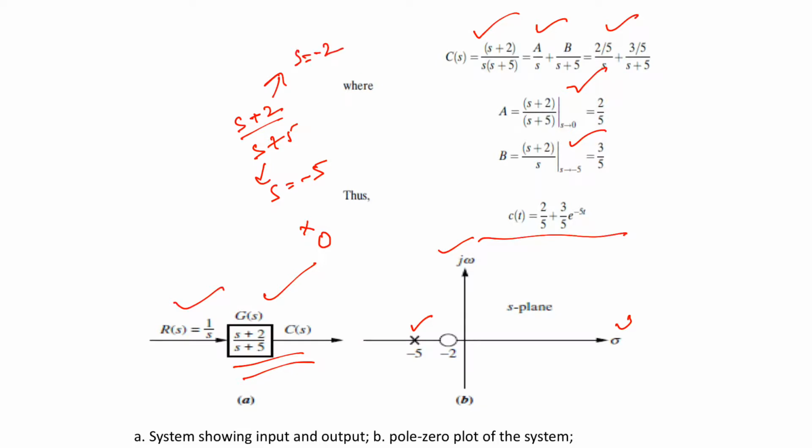That is, s equal to minus 5 will make the transfer function infinite, so it is a pole, and s equal to minus 2 makes the transfer function 0, so it is the zero. So the pole is minus 5 and the zero is minus 2, and they are plotted on a complex plane as shown here.